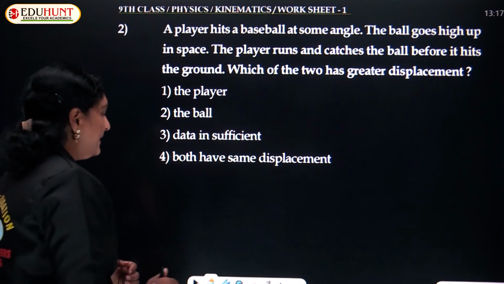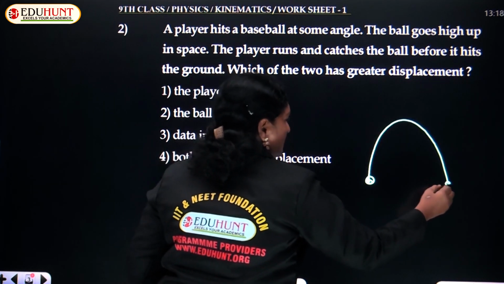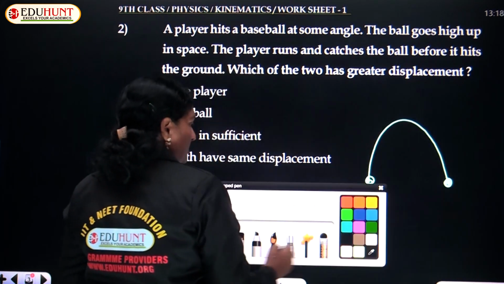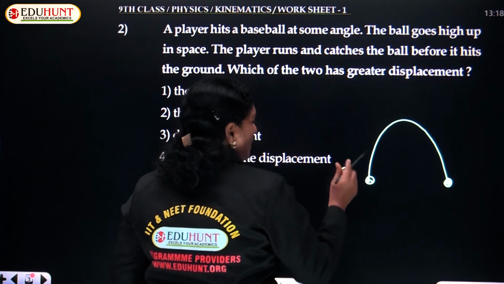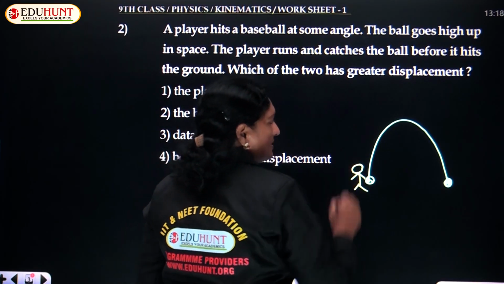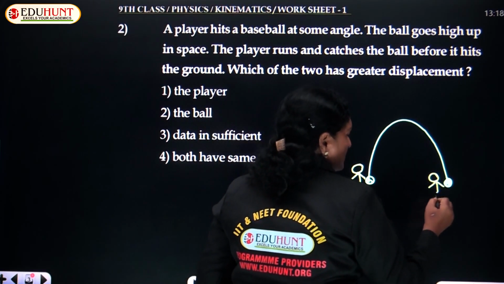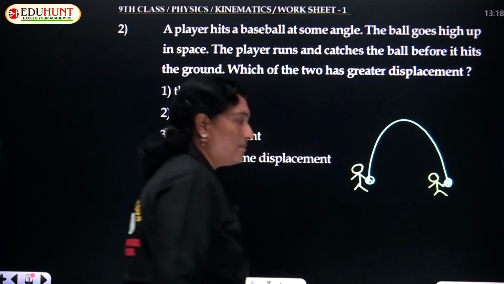So very clearly, if the ball moves up and comes down, this person after hitting the ball again moves this particular displacement to catch that ball.